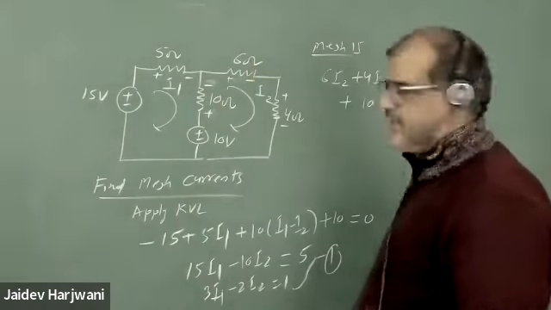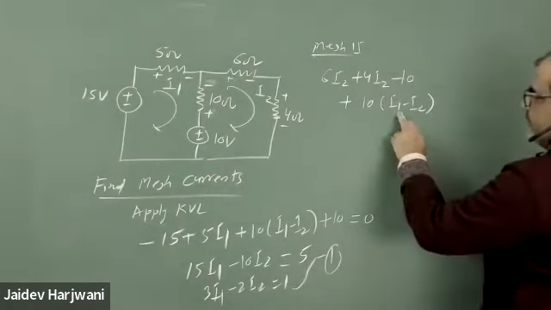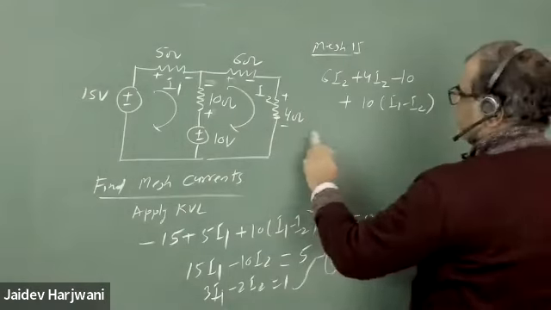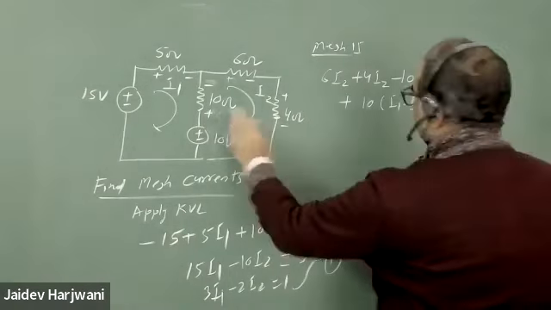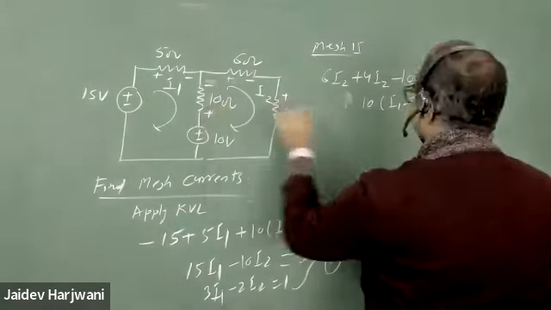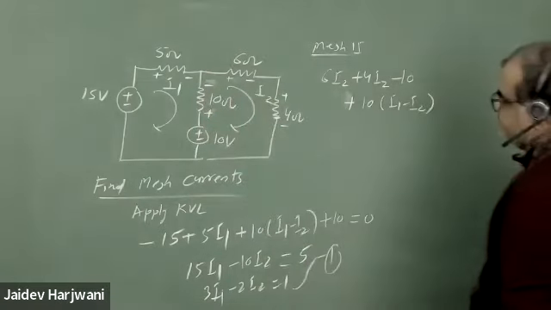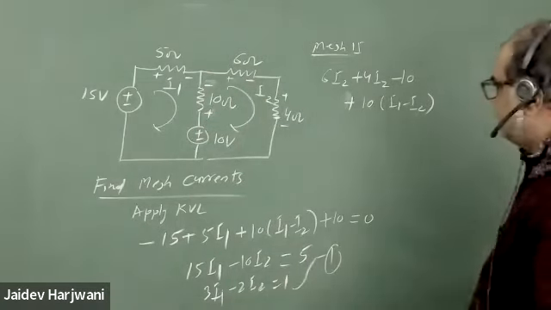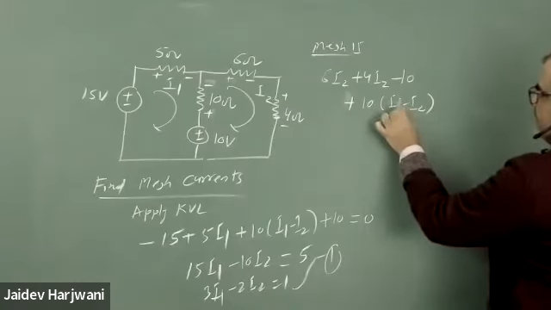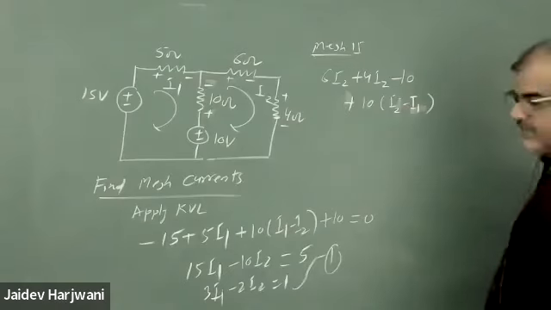If you say I2 is greater than I1, or you want to move this direction, you write I2 minus I1, and the sign becomes what? Earlier it was minus here. Sorry, we are coming from plus to minus, so this is a plus. Now if you're moving from here to here, we will write minus 10 times I2 minus I1. That is the same, no?